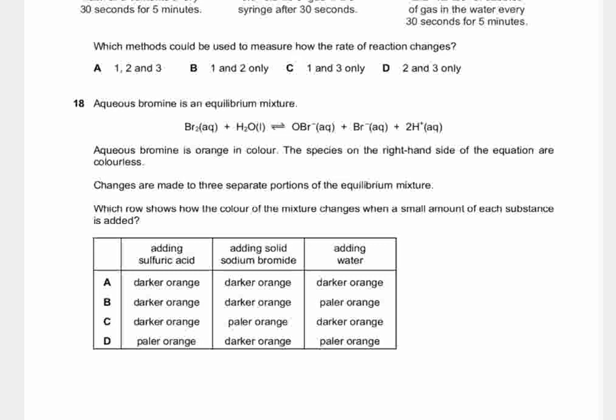So that is given in the three rows, A, B, and C. From A, B, and C, you need to select. Now, by adding solid sodium bromide, the color change produced here is darker orange again. Now, only from options A and B. Then when you add water, a pale orange color is produced, so option B is the correct one.